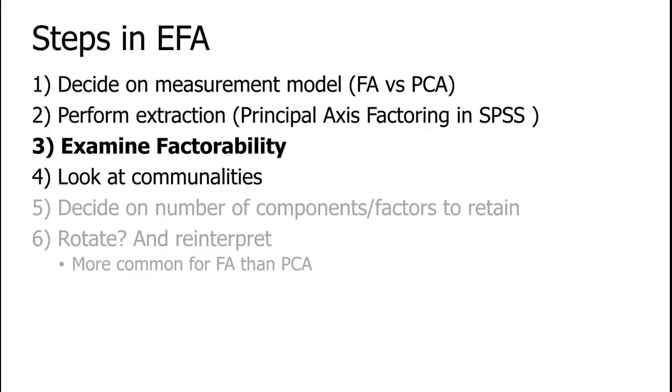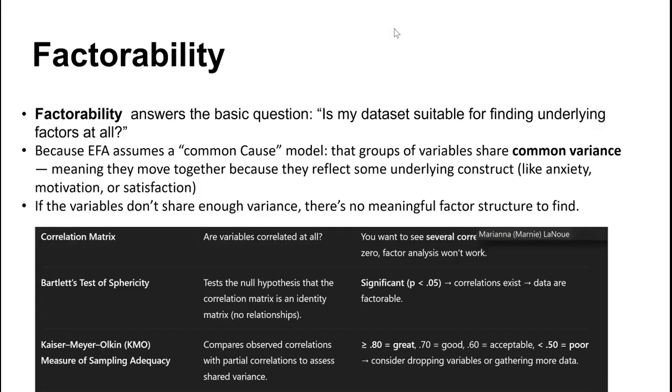Before we do that, let's look at factorability. Factorability is the extent to which the data are going to yield themselves to a factor model, and then we'll look through the other steps next. Factorability answers the question, is this a data set suitable for finding underlying factors? And that's because, as we've been saying, an exploratory factor analytic model using a principal axis approach or a common factor model assumes a common cause model.